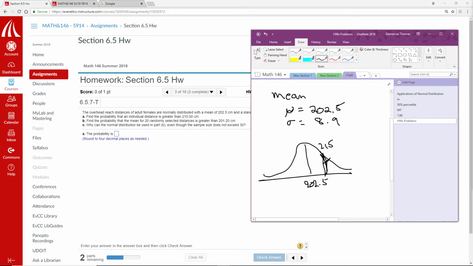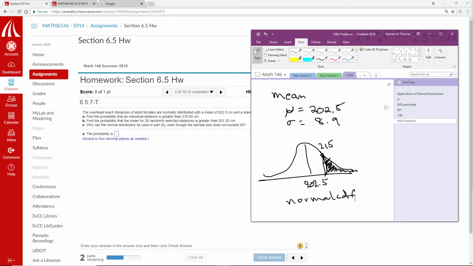And it's this portion. Everything greater is represented in this proportion. And so what we could use is normal CDF. Normal CDF is the thing that we use when we want to find the proportion or probability and we're given the lower bounds. Okay, so our lower bound would be 215, but we do not have an upper bound. And so what we have to do is put in an extremely large number.